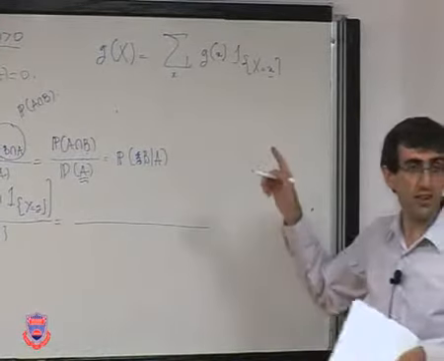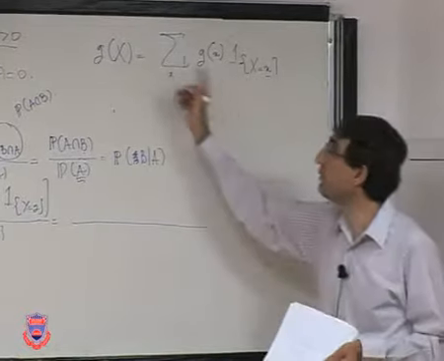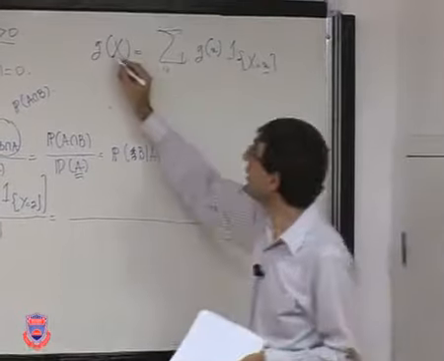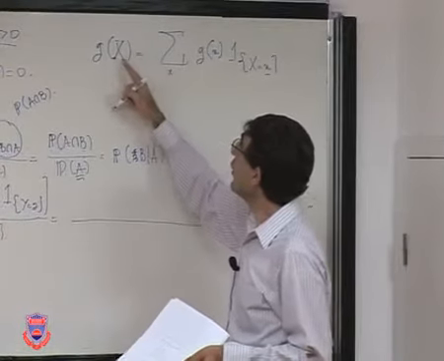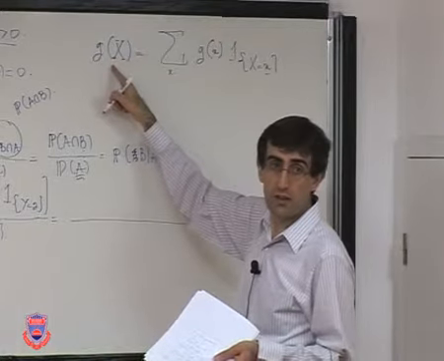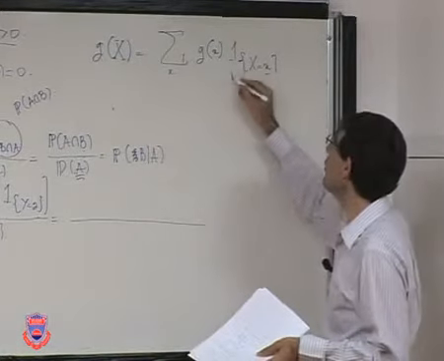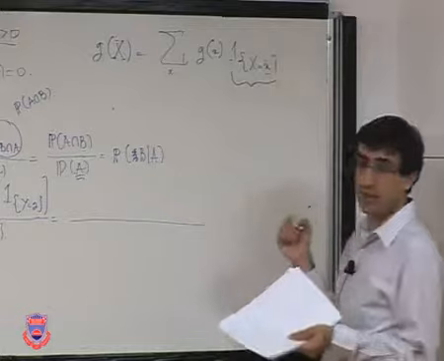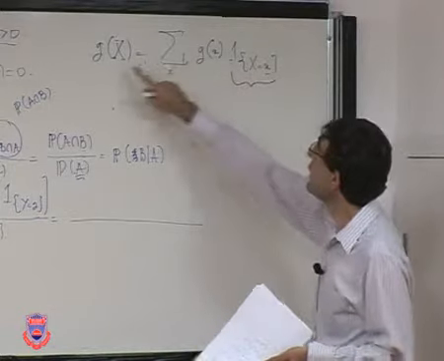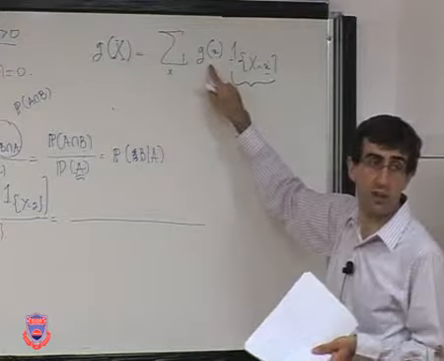Does this make sense? I'm just talking pure logical stuff. So this is a mapping. If you know the value of little x, then you will know the value of this thing. A priori you don't know, but all you know is that X is going to be one of these little x's. So on the event that X equals little x, g of capital X is going to be g of little x.